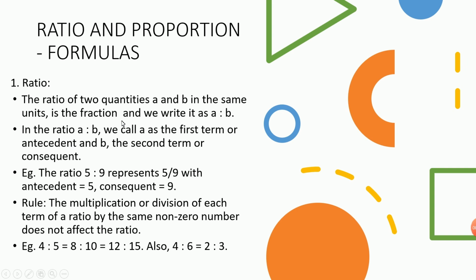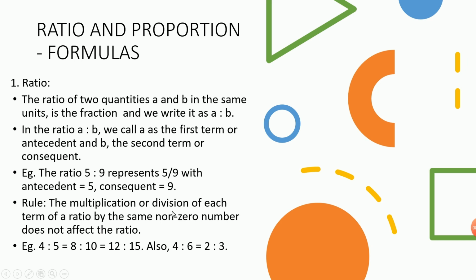So that is consequently it is coming. That is why it is known as consequent. So when such words are given in the question, you have to quickly understand that it is denoting the first and second term respectively. So in 5:9, that represents 5 by 9, with antecedent 5 and consequent 9.